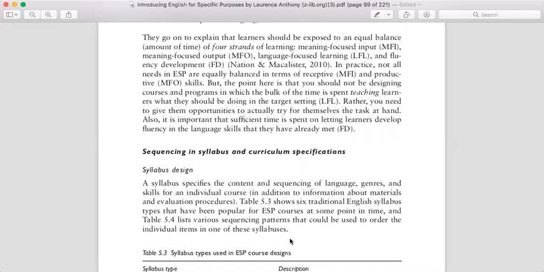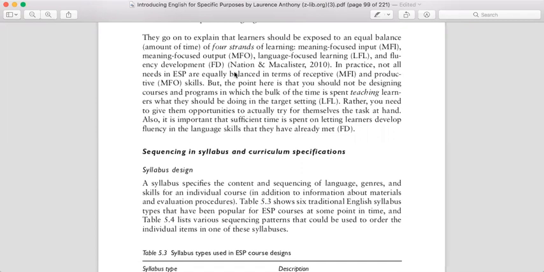With the changing methods, which we have already seen in the previous module last semester, the syllabus went along with this development in the methods.